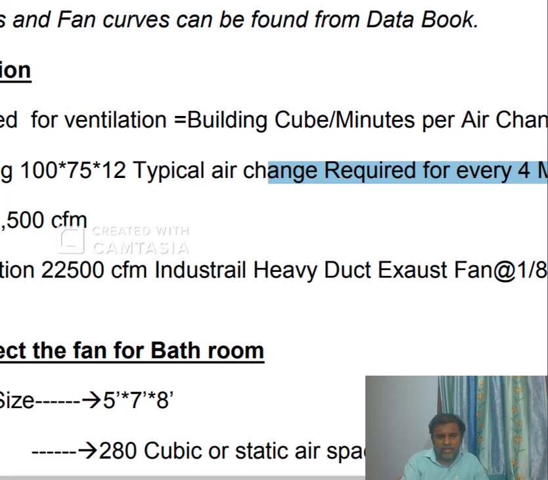So the fan selection of 22,500 CFM should be used for heavy duct exhausting at 0.125 static. Generally you can take 0.1 as default. If you don't know the total bends of the duct and everything, you can directly take 0.125 by default.